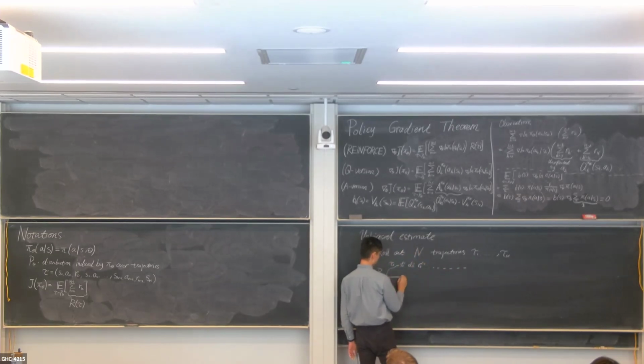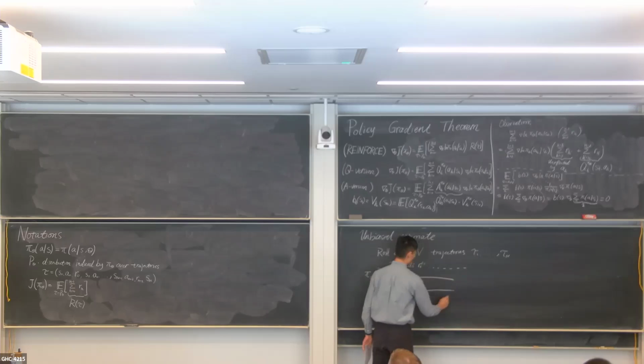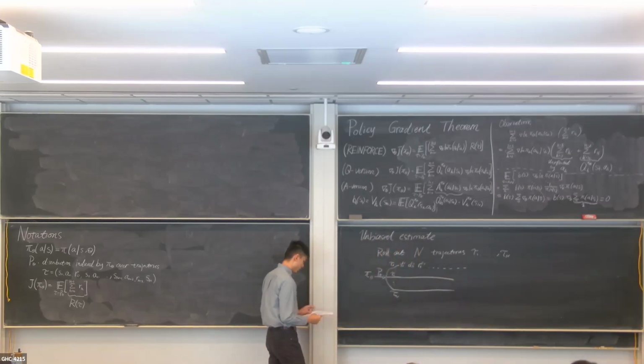And you have tau i, all the way to tau n. So you have all these trajectories like this.